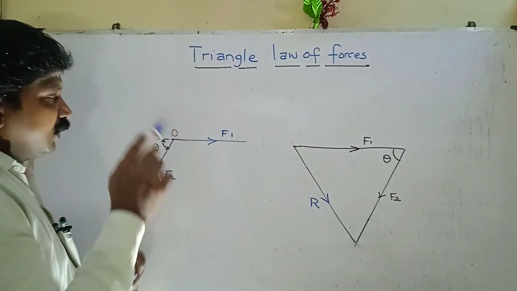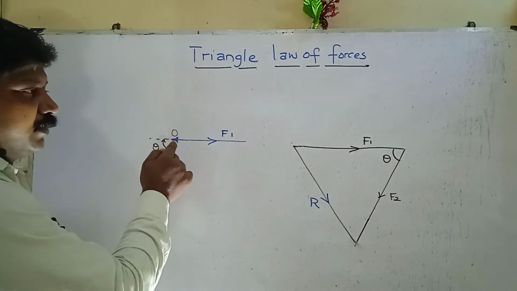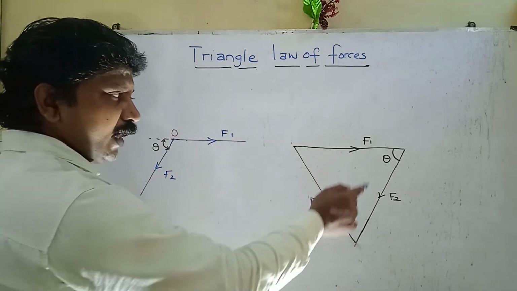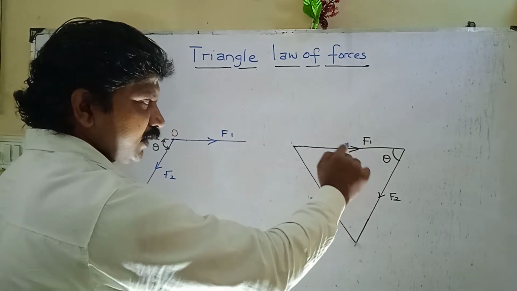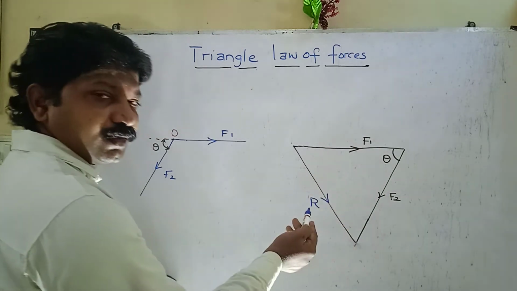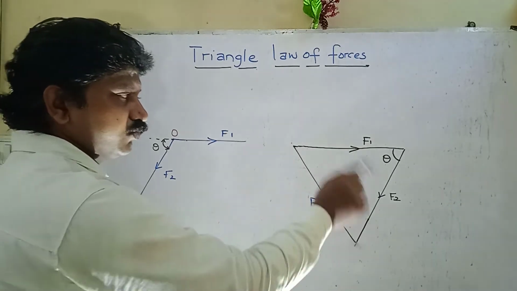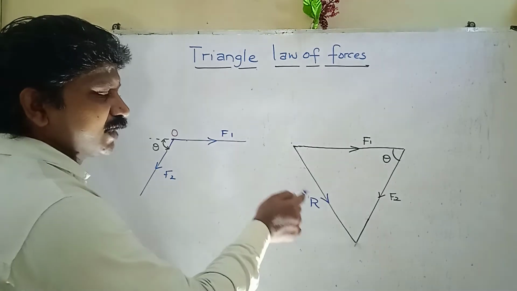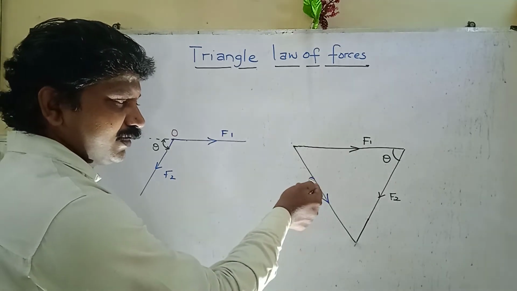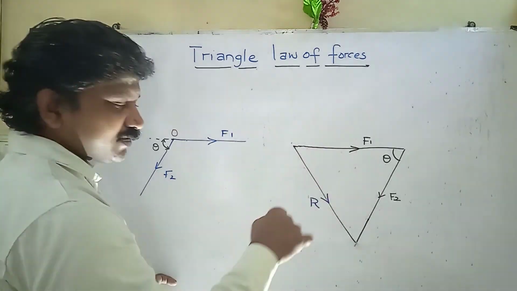Once again, two forces acting on a particle or body are represented in magnitude and direction by two sides of the triangle taken in order, clockwise. Then the resultant is represented by the closing side of the triangle taken in the opposite direction, anti-clockwise.